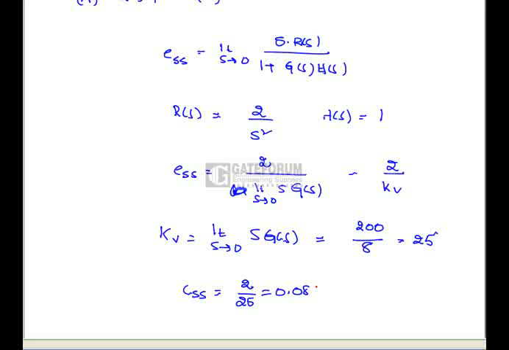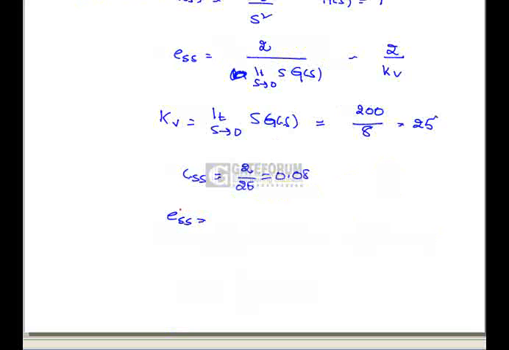If we reduce the steady state error by 5%, the new steady state error equals ESS minus 5 by 100 into ESS, which equals 0.076.